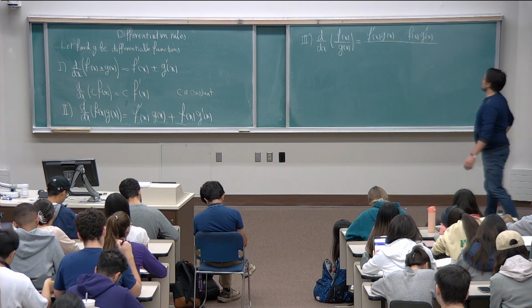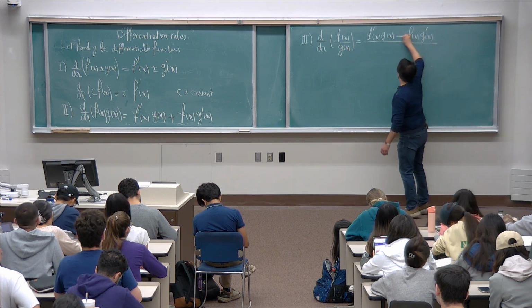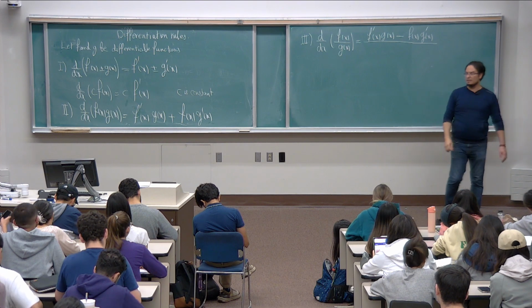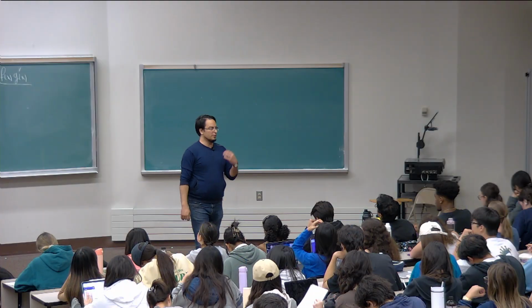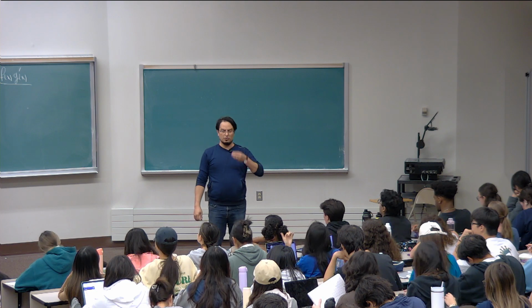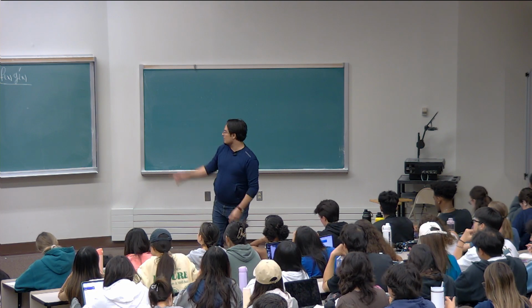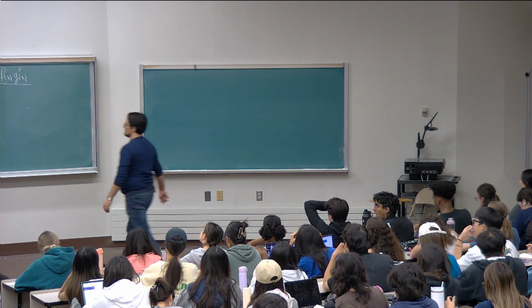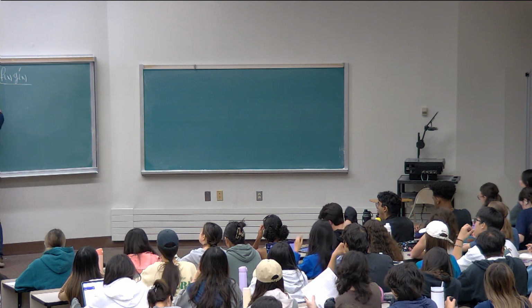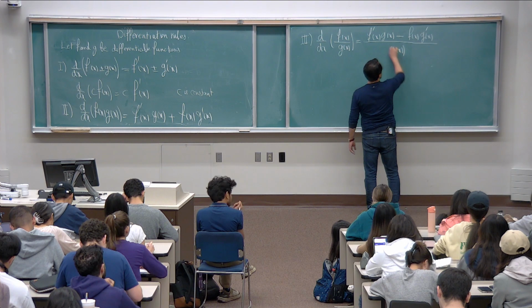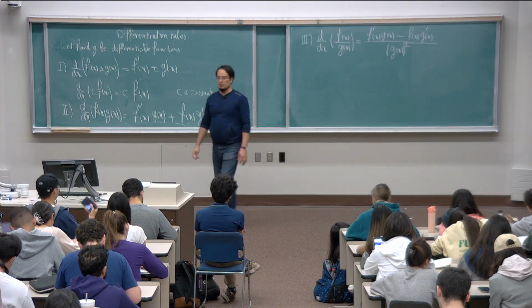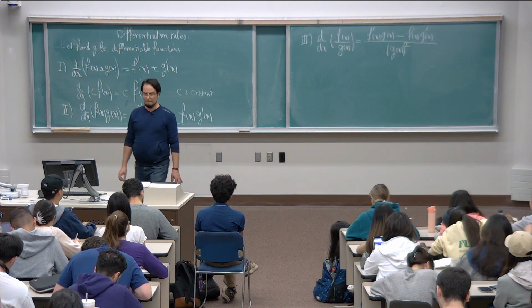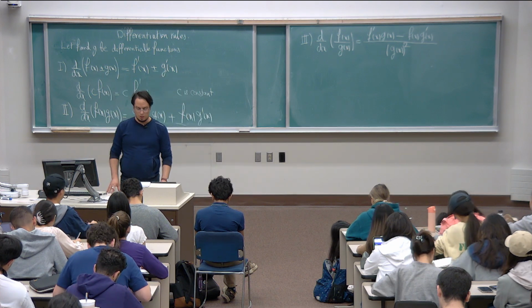The first thing you see is that this one is not plus. You have to subtract. If you approach the quotient in the right way, you will figure out yourself why this is happening. Then in the denominator, you will get this part squared. That's called the quotient rule.